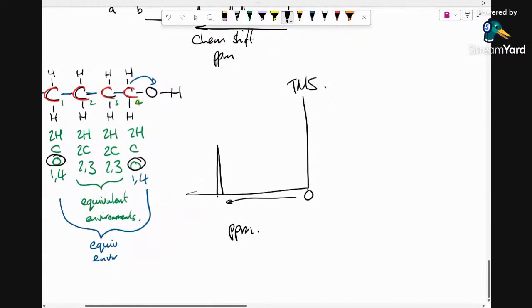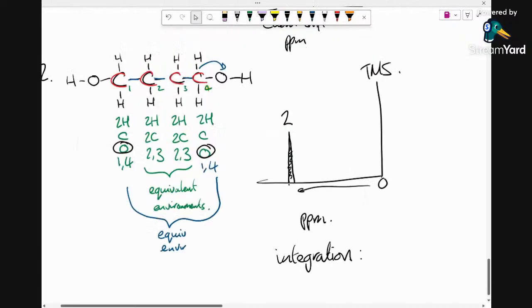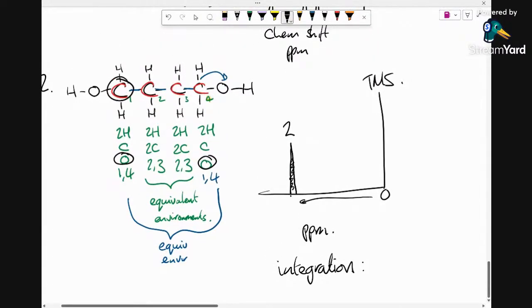But in terms of integration, I now pick up a new word. Anybody who does A-level maths knows integration is the area under the curve. Integration is the area under the peak. In this case, this is going to have an integration of 2, because there are 2 carbons in equivalent environments.